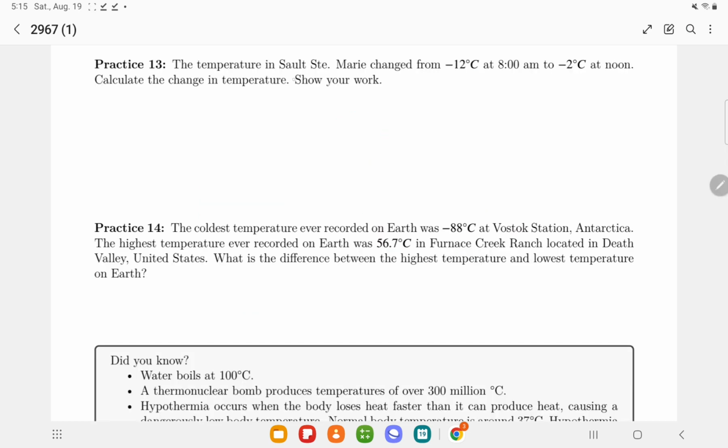The temperature in Sault Ste. Marie changed from negative 12 degrees Celsius, so that's our T1, to negative 2 degrees Celsius, that's our T2. Calculate the change. Remember, positive change means increase, negative change means drop or decrease. So change in temperature is final minus initial.